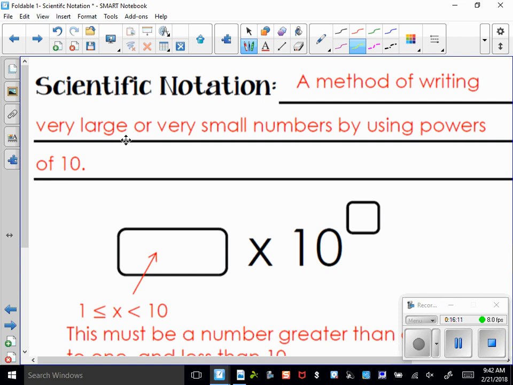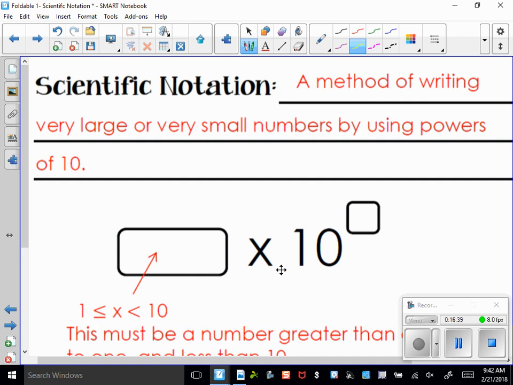It's just a method of writing very large or very small numbers by using powers of 10. So I only want you to write that sentence. You don't need to write what's at the bottom, okay? But I do want you to see what's at the bottom. The first number has to be at least 1 but less than 10, and we always use base 10. And I do want you guys to make sure you're using the X for multiplication for scientific notation and not a dot.